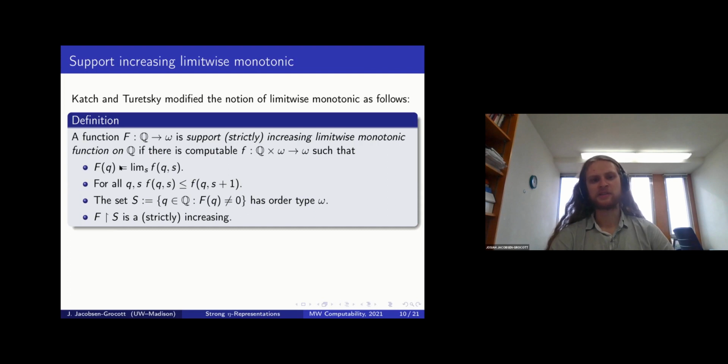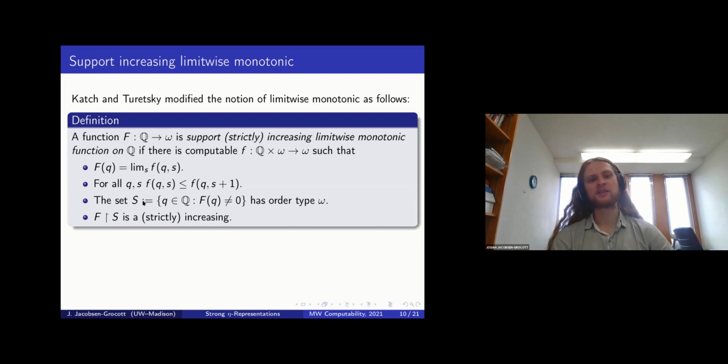First, we have the same limit notion: big F of q is equal to the limit in s of little f of q and s. Then we want it to be monotonic, so for all q and s, f(q, s) is less than or equal to f(q, s+1). And then this is the support part.